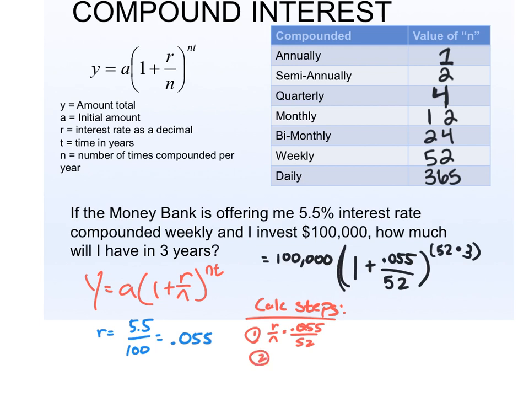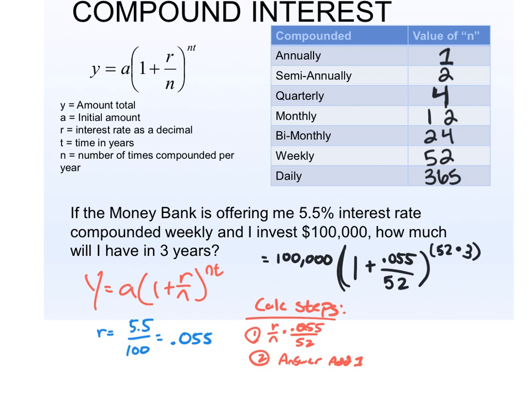Step 2, I'm going to take that answer and add 1. Okay? So in my calculator right now, I went 0.055 divided by 52, and I got out 0.0010576923. Okay? And all I'm going to do next is just go plus 1. So it says answer plus 1.